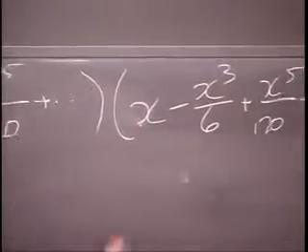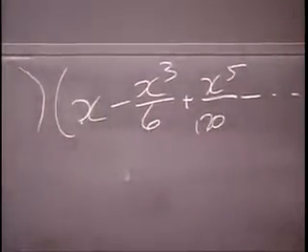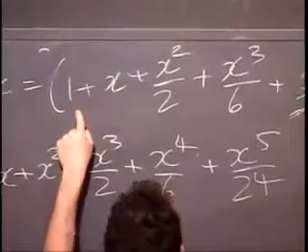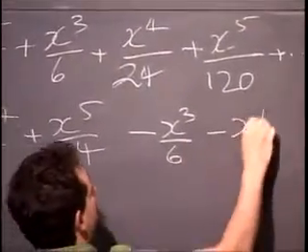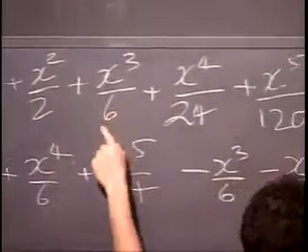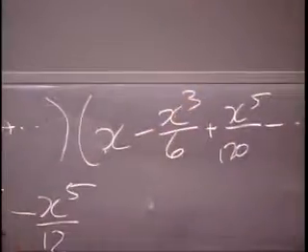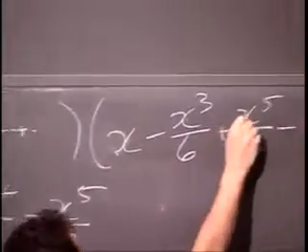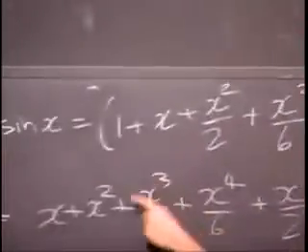So now I move on to the x cubed over 6, and I start multiplying. I get negative x cubed over 6, negative x to the 4th over 6, negative x to the 5th over 12, but then I stop because 3 and 3, the degrees there give me 6, 7, 8, too high. Gone from my focus.